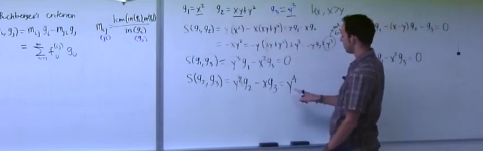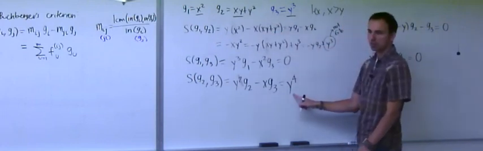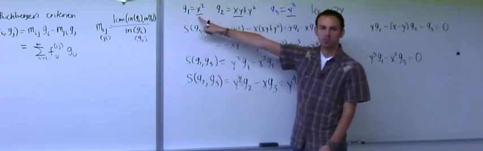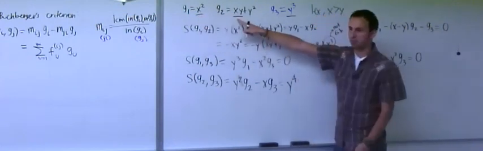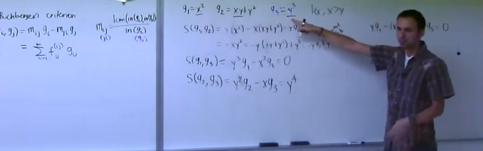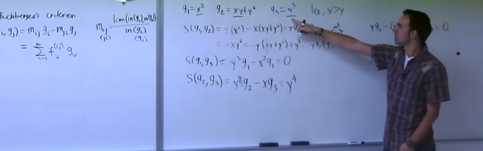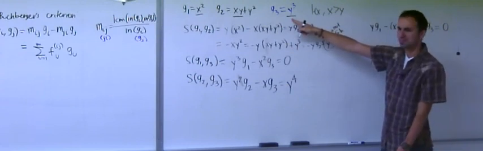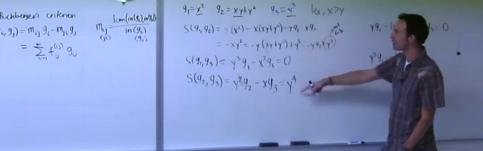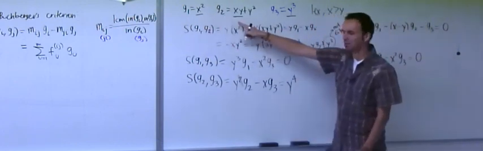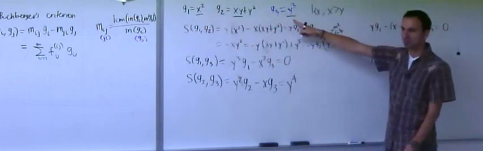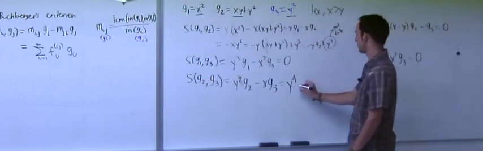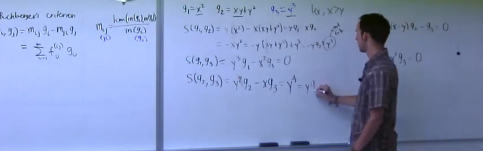And then I take this y to the fourth, and I do long division, but y to the fourth doesn't fit here. It doesn't fit here, but it fits here. When I say fit, I mean is a multiple of, right? Which I guess makes no sense at all. y to the fourth is not a multiple of this, it's not a multiple of this, but it is a multiple of this. And so this is equal to y times g3.